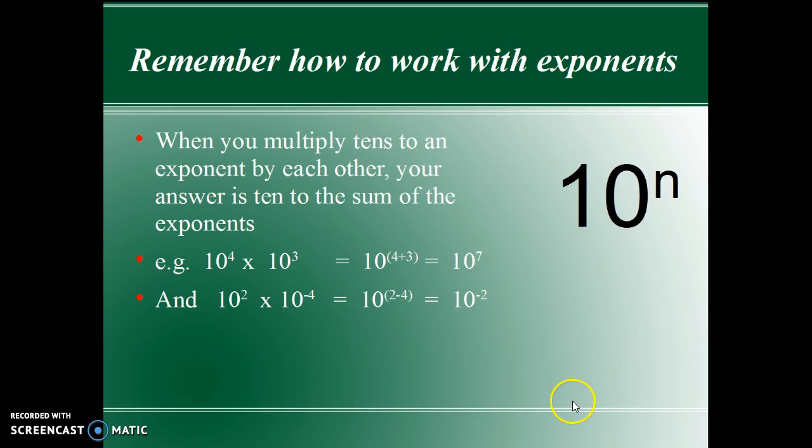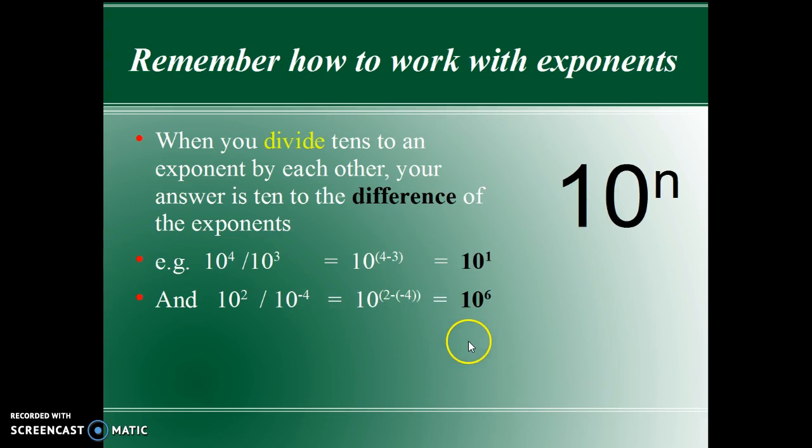Now remember, when you work with exponents, when you multiply tens to an exponent by each other, your answer is 10 to the sum of the exponents. So 10 to the 4th times 10 to the 3rd is 10 to the 4 plus 3, and 4 plus 3 is 7. 10 to the 2 times 10 to the negative 4 is 10 to the 2 plus negative 4.